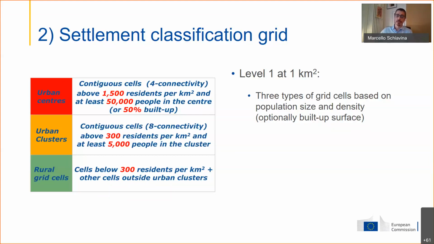Such highly built-up cells typically contain office parks, shopping malls, factories, and transport infrastructure. In most countries, adding highly built-up cells does not significantly affect the number of cities or their extent.